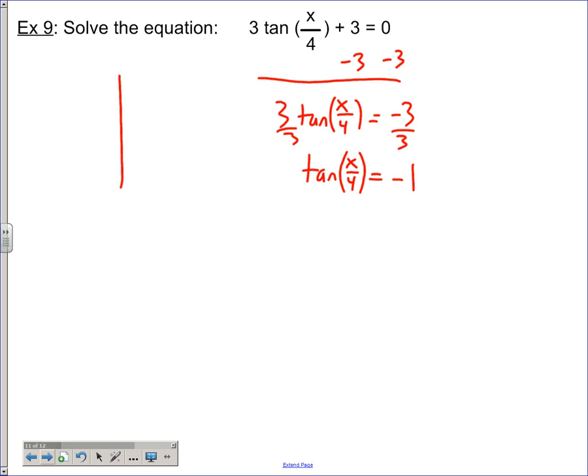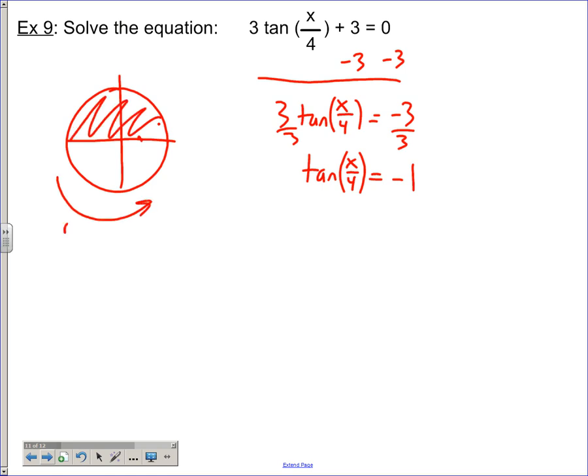Okay. Looking at the unit circle, the typical tangent function repeats every pi. So if we cover all the values in quadrants 1 and 2, then these repeat down here in quadrants 3 and 4. So we only need to look at the value when tangent's -1, and that happens to be at the angle of 3 pi over 4.